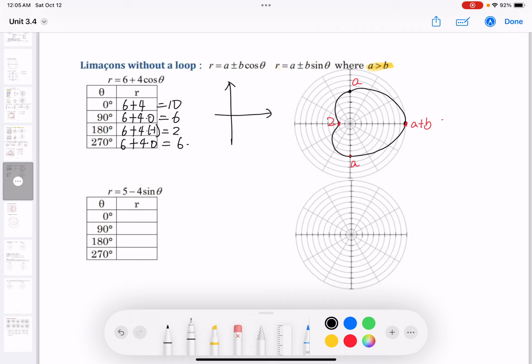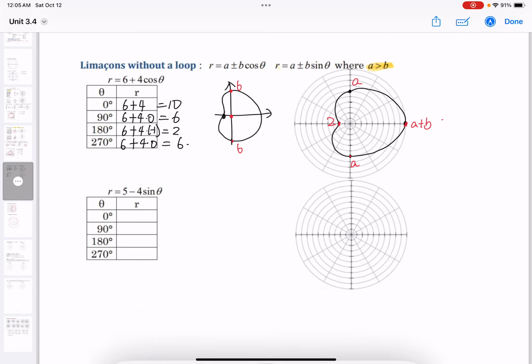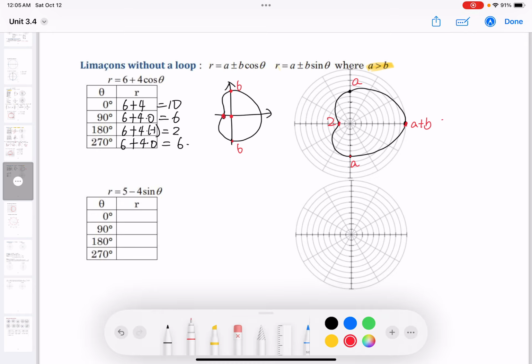So we are going to have a shape like this, and we need to have a dimple here. This point is my a, which is 6. This point is also my a, which is 6. That means from the pole, or the origin, to here is 6. This point is the difference between 6 and 4, which is 2. This point is 6 plus 4, which is 10. So from this information, I can graph my dimple limaçon.